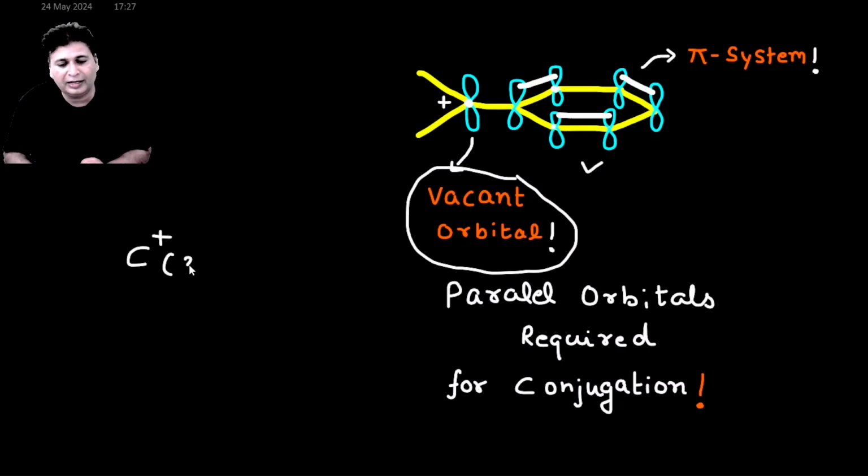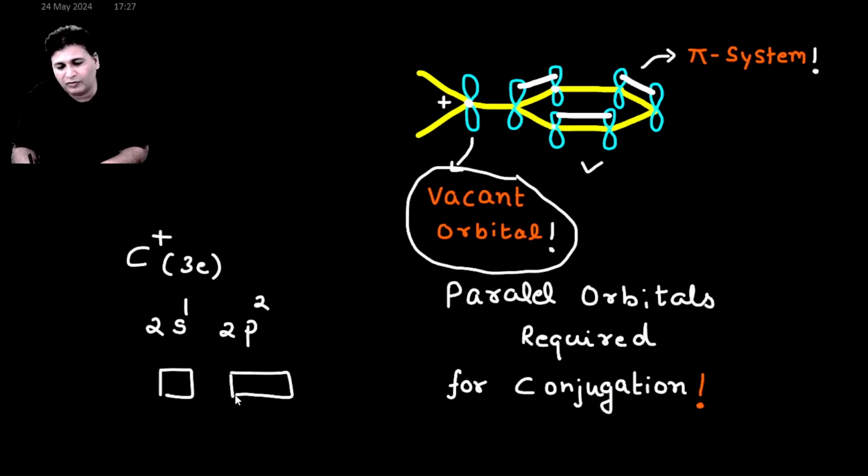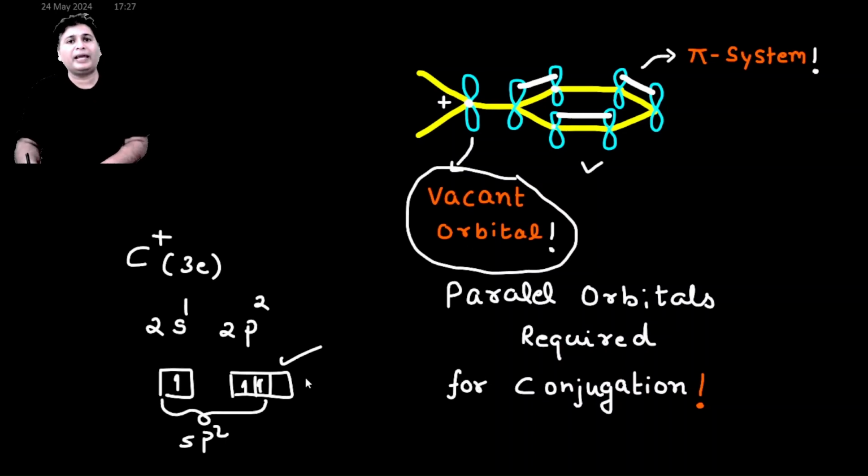Now it has 3 electrons. If you see its valence shell configuration, 2s 2p, now it has 3 electrons, 1 electron remains in 2s and 2 electrons remain in 2p. If you draw the electron box diagram, it will be like this: 1 electron in 2s and 2 electrons in 2p. Once you do this, 2s and 2p become sp2 hybridized, leaving 1 p orbital vacant.